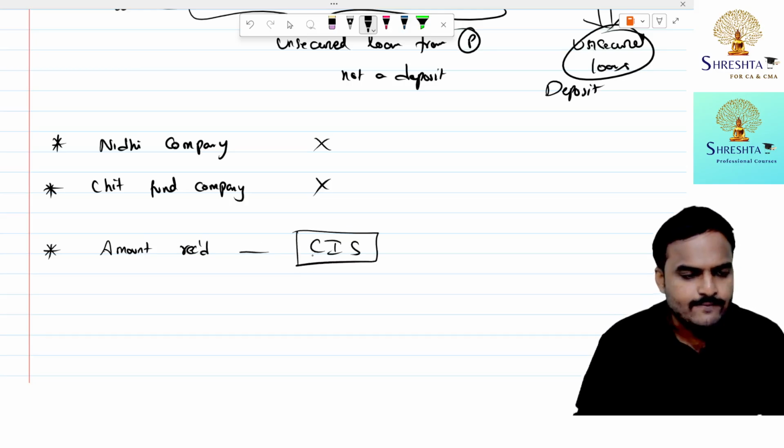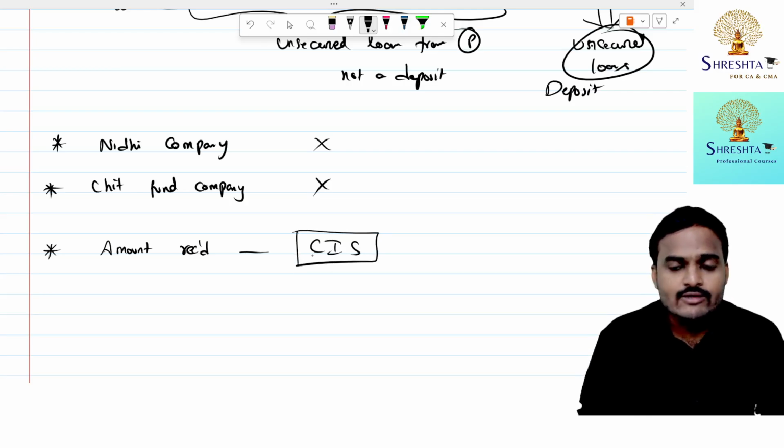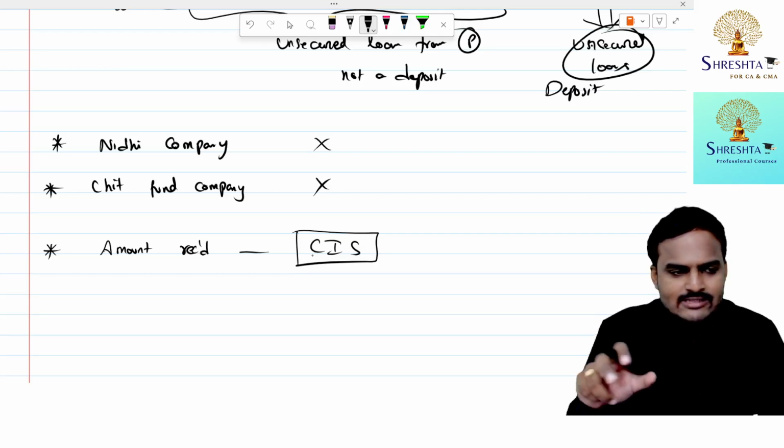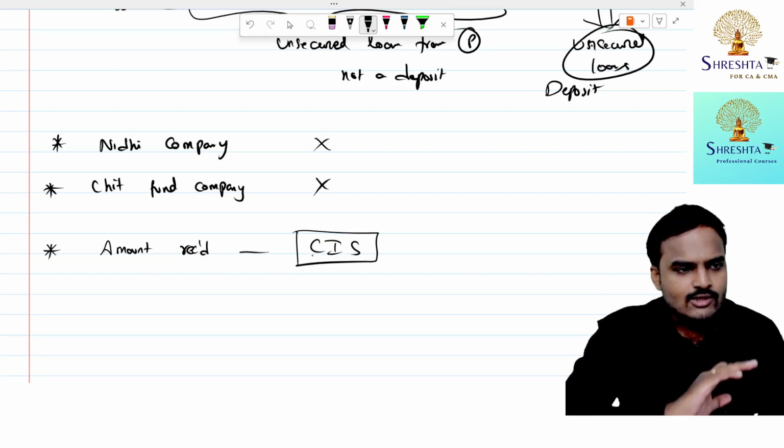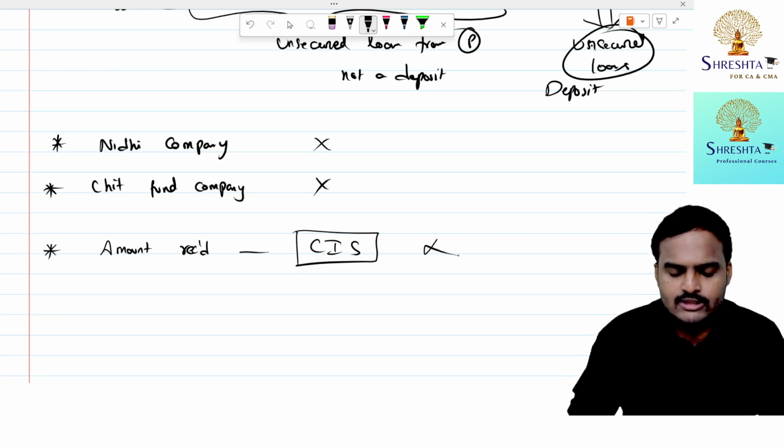I discussed with you collective investment scheme under the definition of securities, units of collective investment scheme. Now this collective investment scheme collecting amount from its investors is also not treated as deposit.